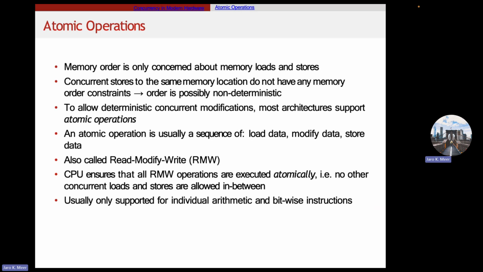It compares the value of a variable with a given value, and only if they match, it swaps it with a new value. This is a fundamental building block for many synchronization algorithms. This also includes atomic fetch and add, which atomically adds a given value to a variable and returns the original value of the variable before the addition.